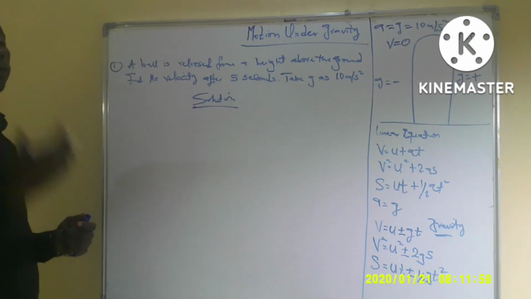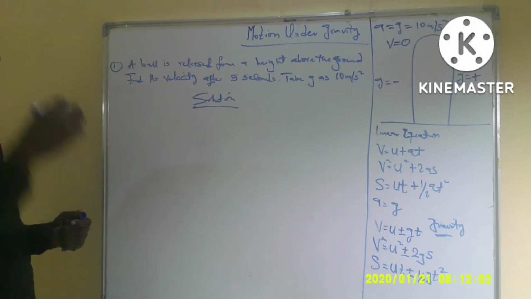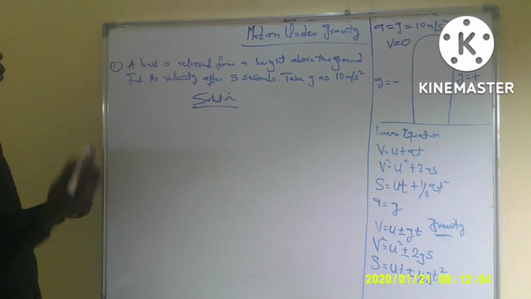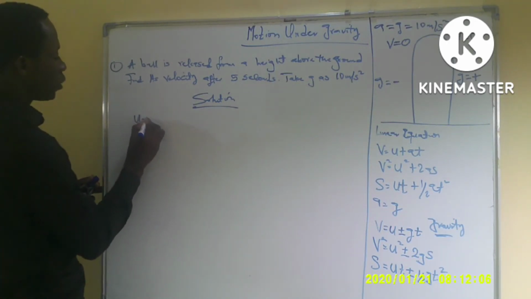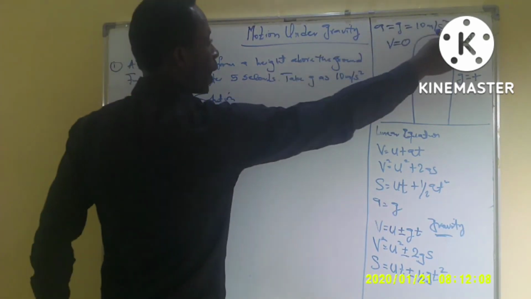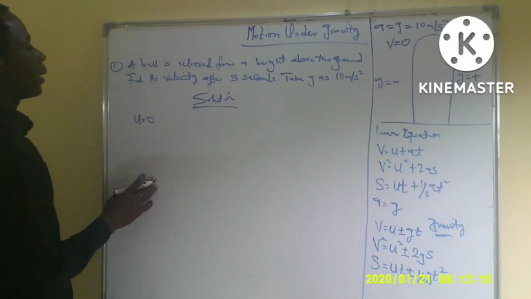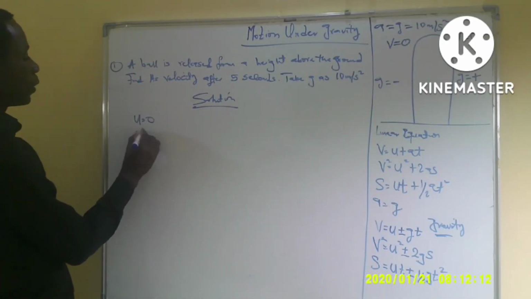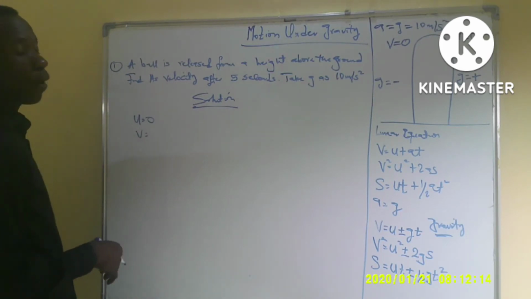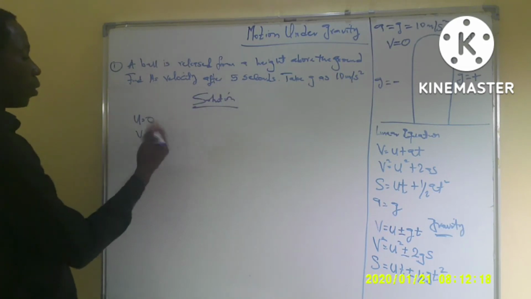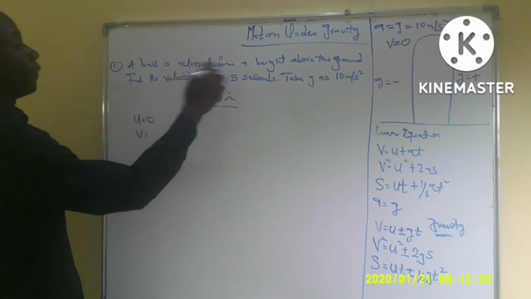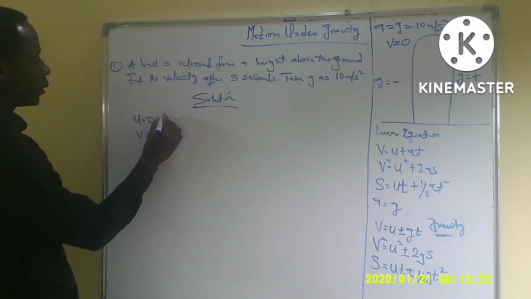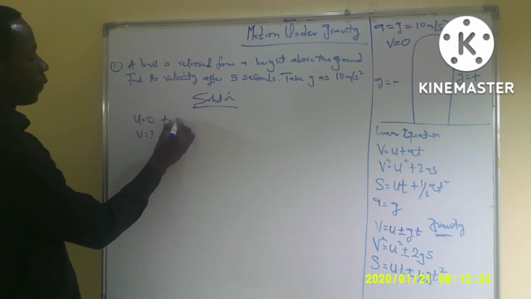A body is released from a height, so the initial velocity is 0. They say we should find the velocity v after 5 seconds. Then the t is 5 seconds.